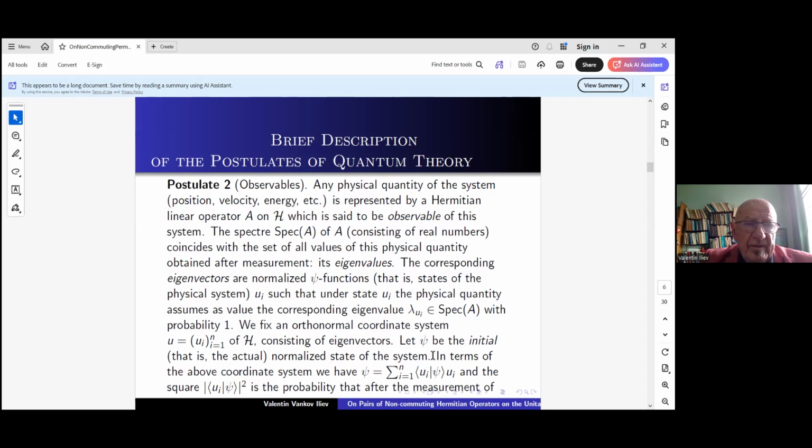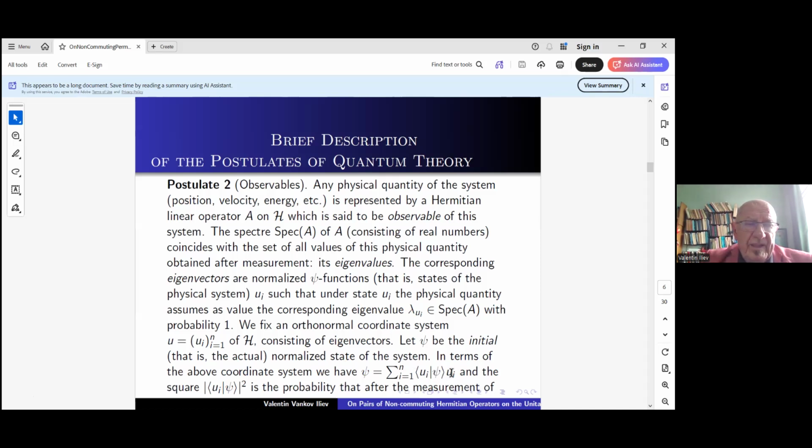And we fix an orthonormal coordinate system of H. Of course, I'll consider the finite dimensional case. The most important case in quantum mechanics is the infinite dimensional space, but we'll not discuss it here. We'll even discuss the two-dimensional case here.